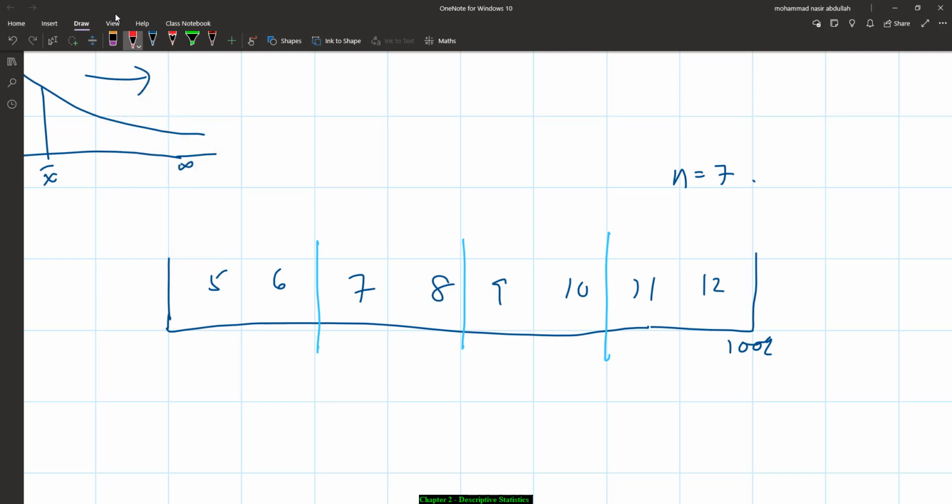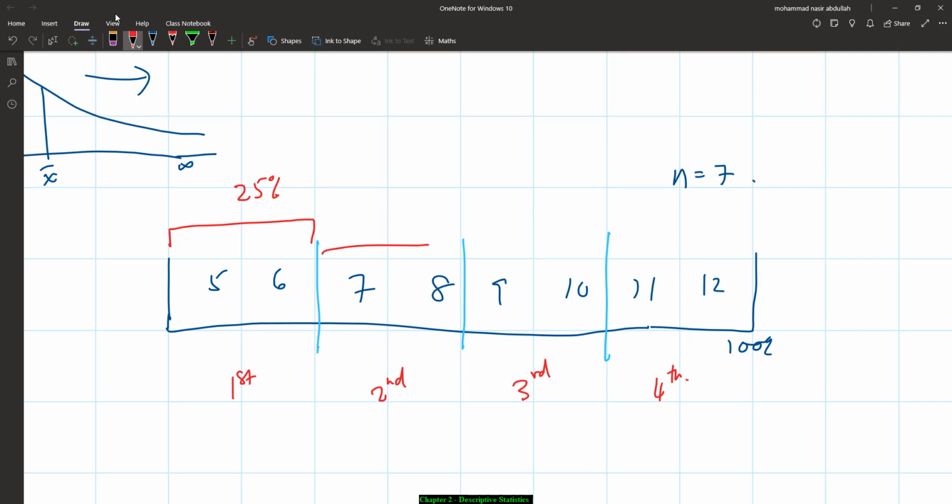This is the first part, second part, third part, and fourth part. It divides the data into 4 equal parts. The first part consists of 25% of the data.